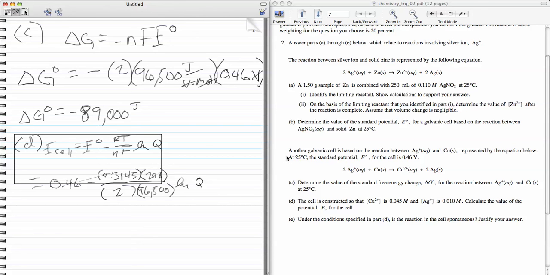And in this case, what we care about is only going to be the ions, because solids, remember, that's like a heterogeneous equilibria, not going to be part of it. So our Q is going to equal the concentration of copper 2 plus over the concentration of silver squared.